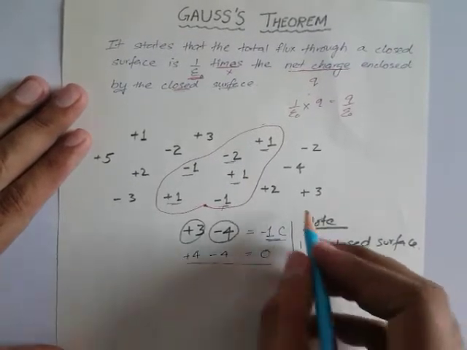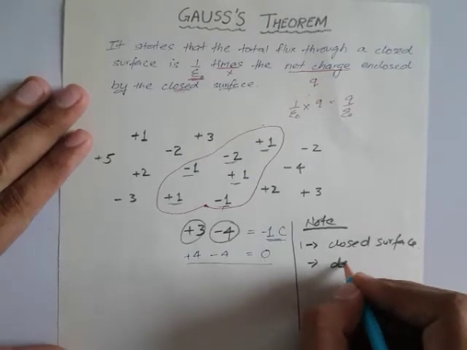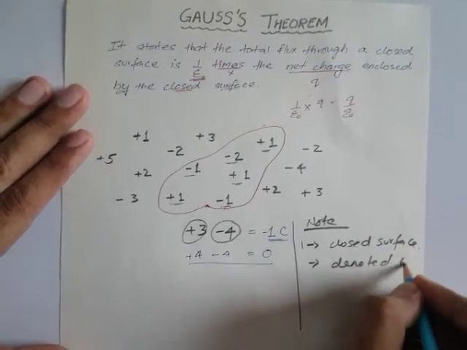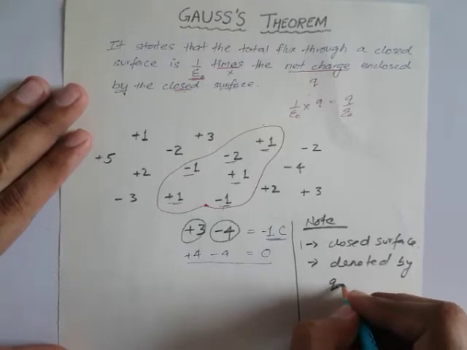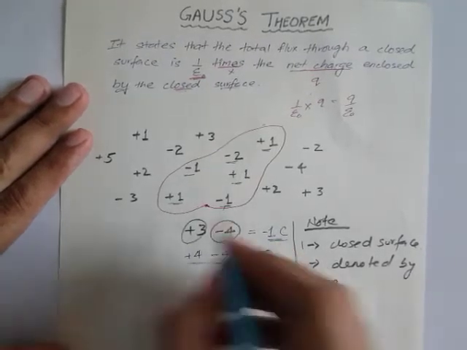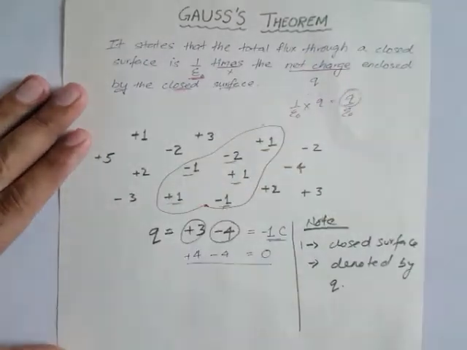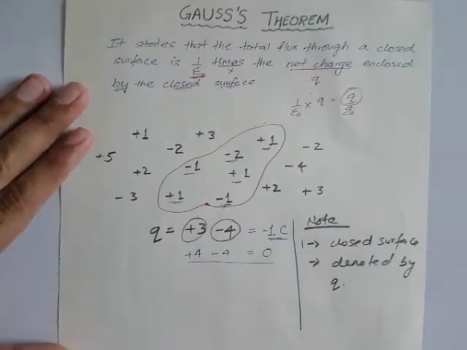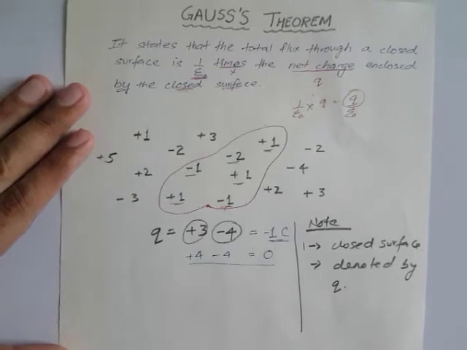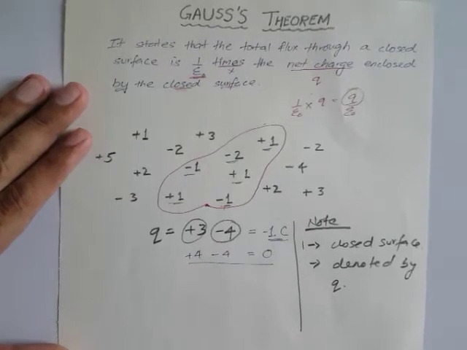Second point, the enclosed charge is denoted by Q in this equation. This Q is the one we used over here. It can be 0, and it may or may not be 0.